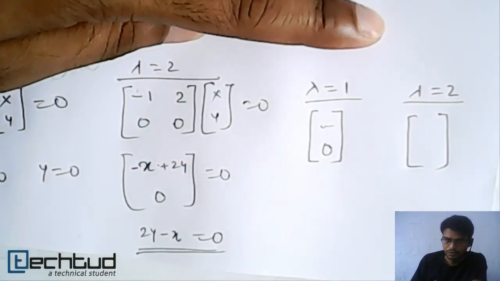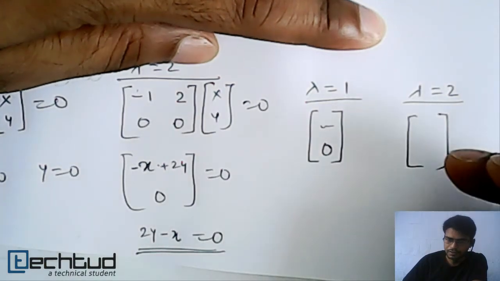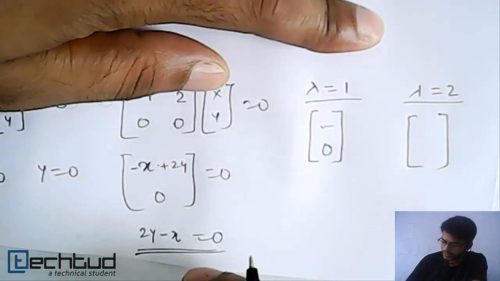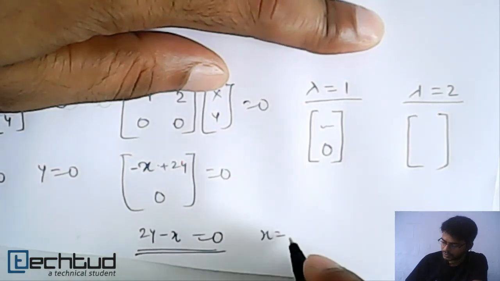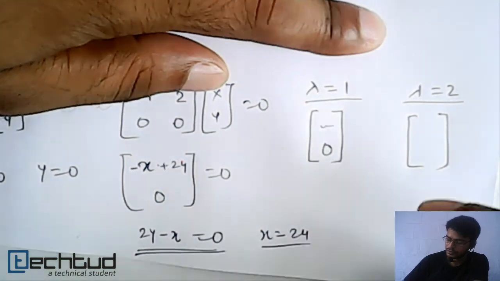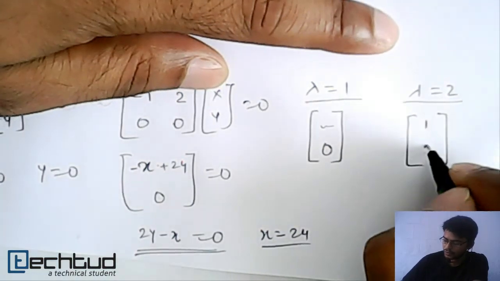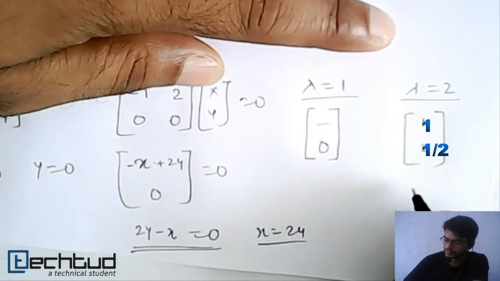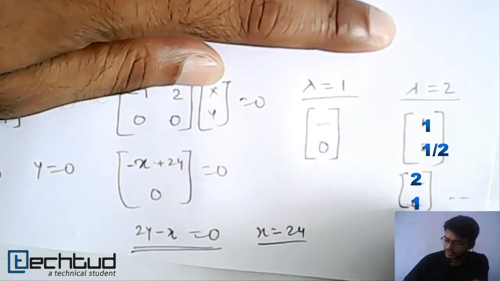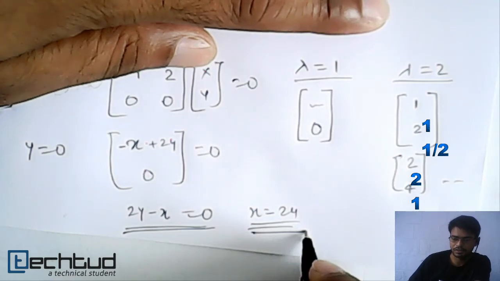We should have a ratio between x and y. So x is basically equal to 2y, so we can have 1 2, or we can have 2 4 and so on.